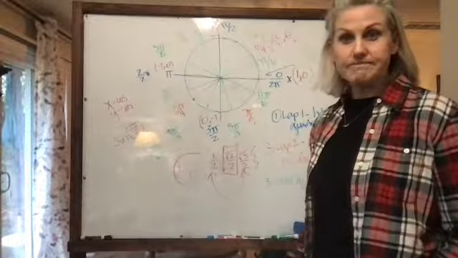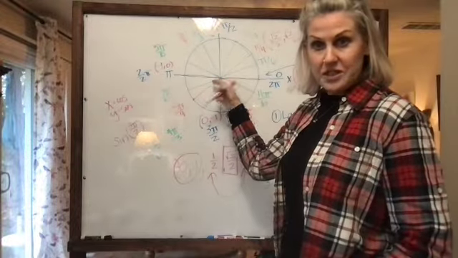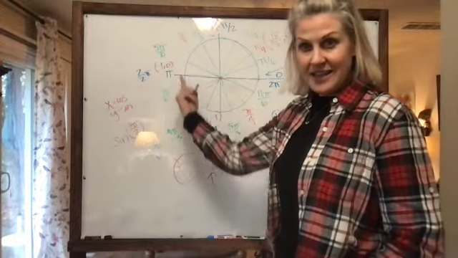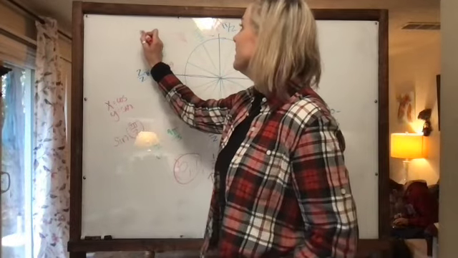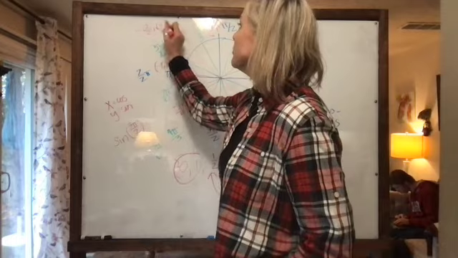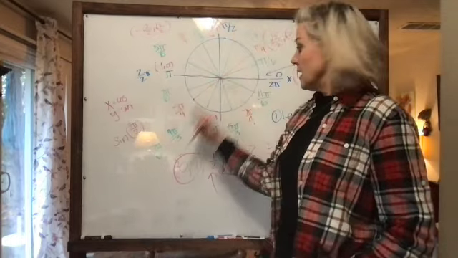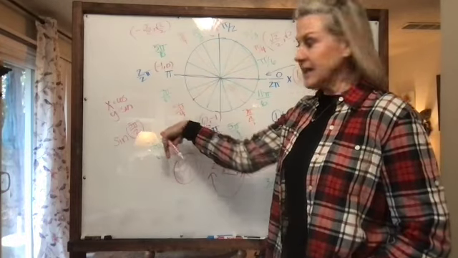root 2 over 2. Over here, if I start at the origin and I go left and then up, I'm going negative root 2 over 2, positive root 2 over 2. And if I'm down here in quadrant 3, I'm negative, negative.